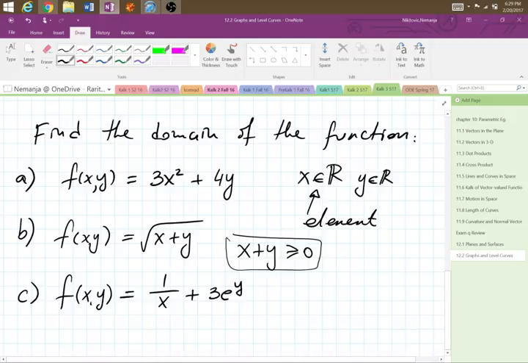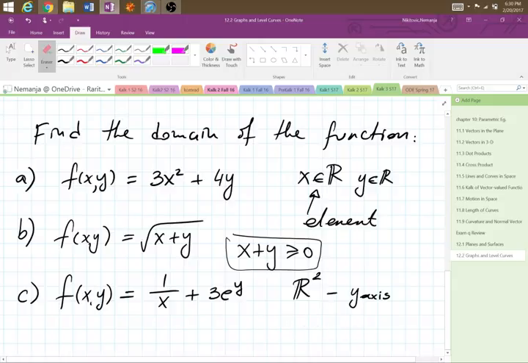You're not allowed to use any point on the y-axis because x is equal to 0 for every point on the y-axis. So R squared minus y-axis. So the domain is all of the real numbers, all ordered pairs that you can think of. Another notation would be Cartesian, like this.